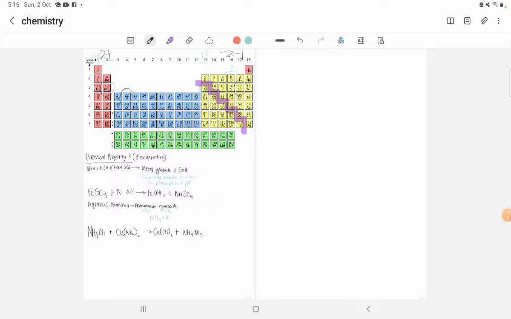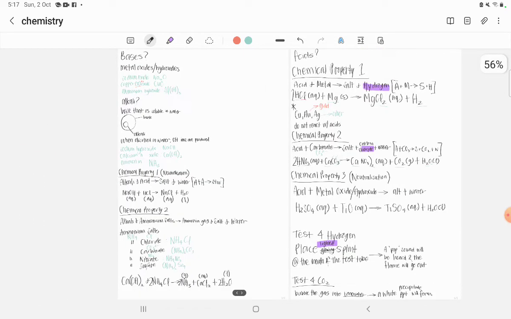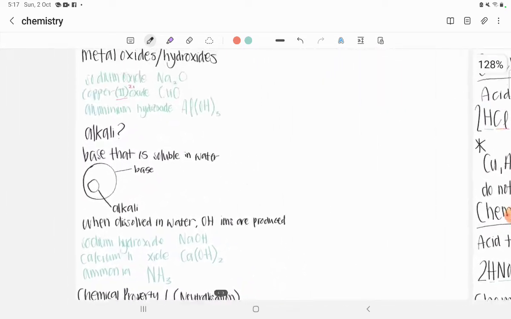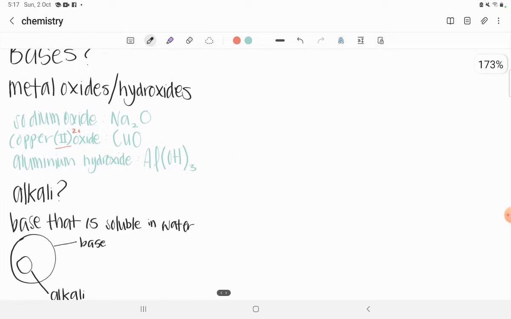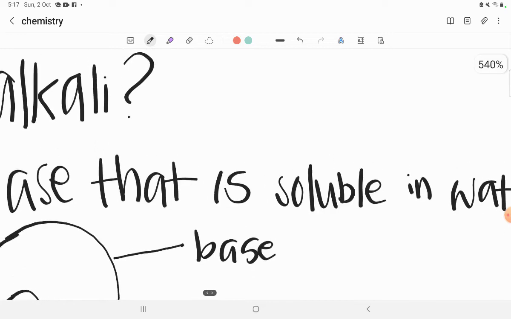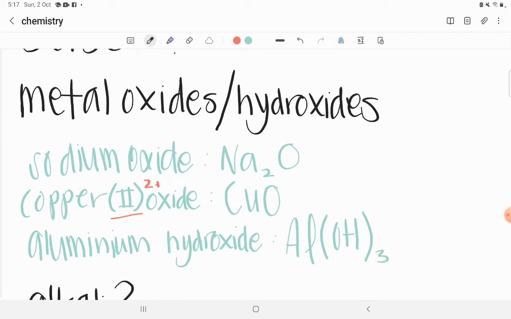So we have now finished the chemical properties of acids and bases. Now, let's go back over here. Bases, right? We've mentioned that bases are basically metal oxides and or hydroxides.